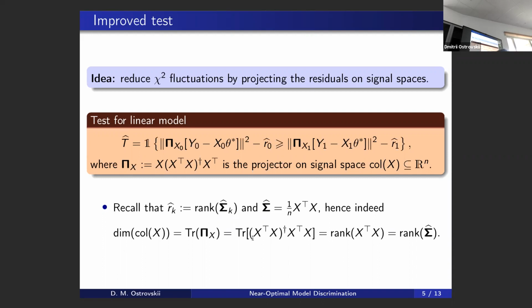And here is just a very simple calculation, a verification that indeed the dimension of this column space is the rank of sigma hat. It's a direct calculation using the permutation properties of the trace. And by the way, this symbol means a generalized inverse of a PSD matrix. So every time I use this symbol, inside there is a PSD matrix, and I just take the eigenspace corresponding to the non-zero eigenvalues.